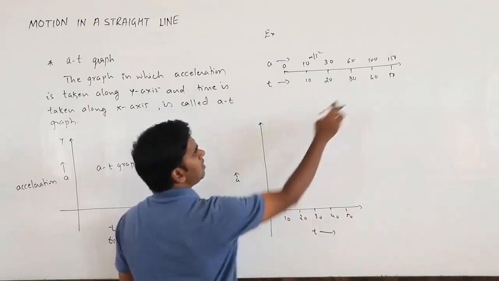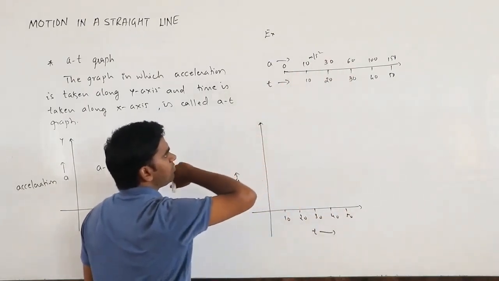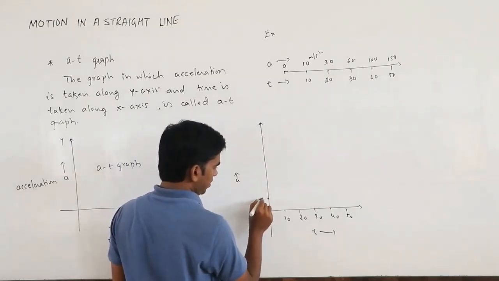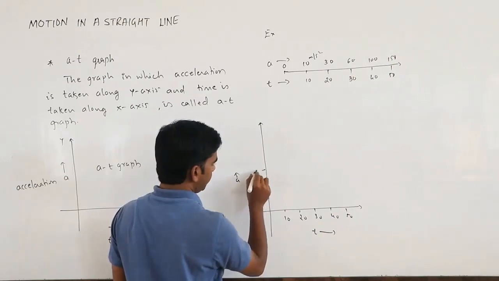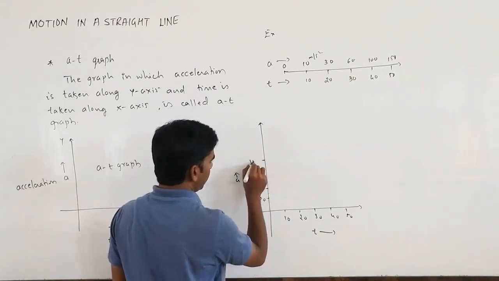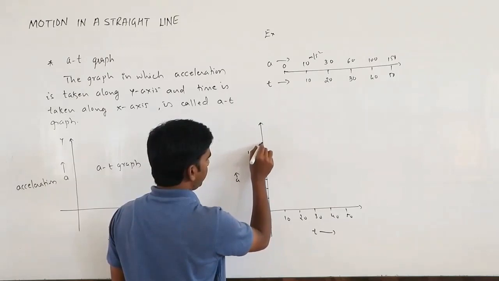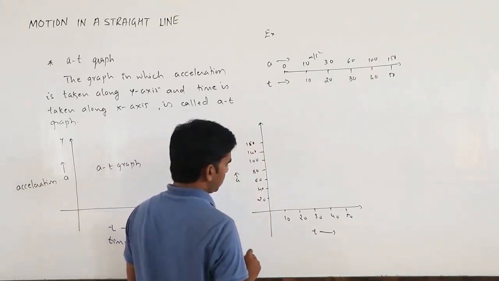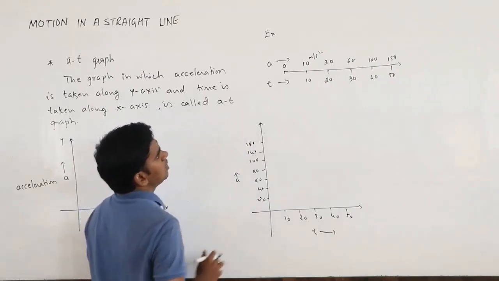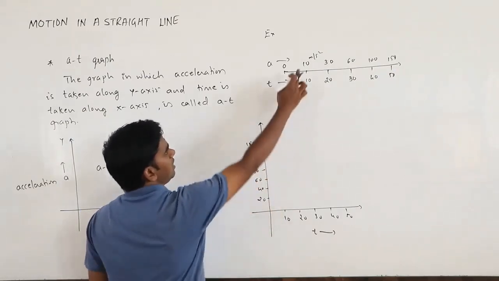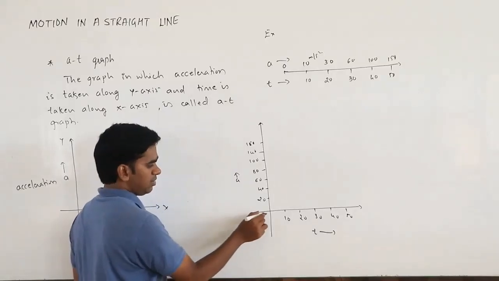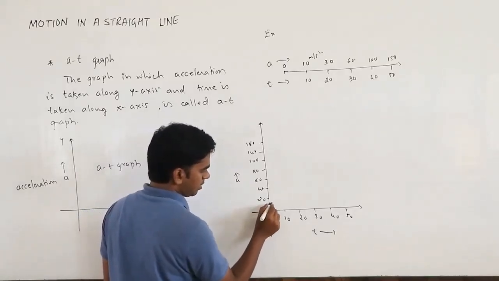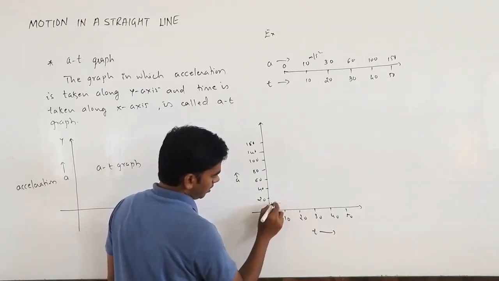Here we want up to 150, so I will take 20, 40, 60, 80, 100, 140, 160. These are the acceleration values. First, when time is 10, acceleration is 10. So 10 will come between 0 and 20. I will take it here. This is the point.